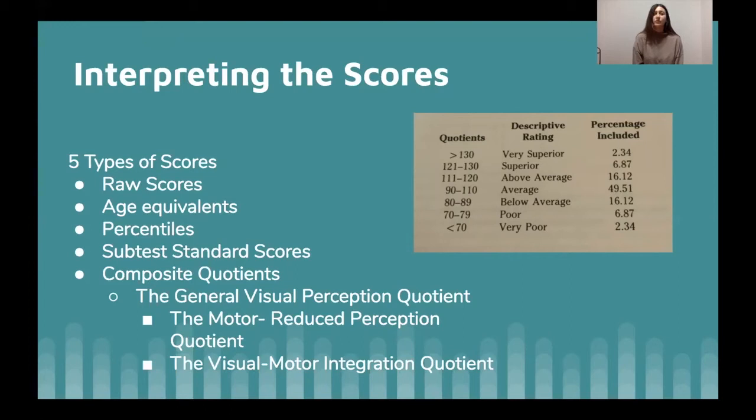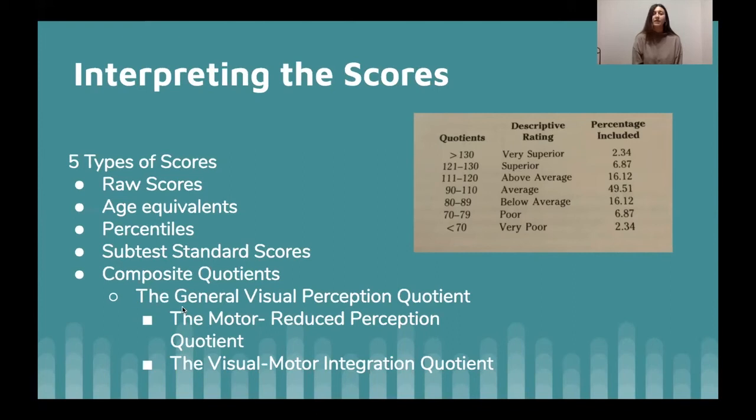When the general visual perception quotients are below 90, examiners need to pay more than usual attention to the motor reduced visual perception quotients and the visual motor integration quotient. Motor reduced visual perception quotients are the most direct measure of visual perception in that only minimal motor skills are required. Visual motor integration quotients, if they are low, do not necessarily indicate poor visual perception.